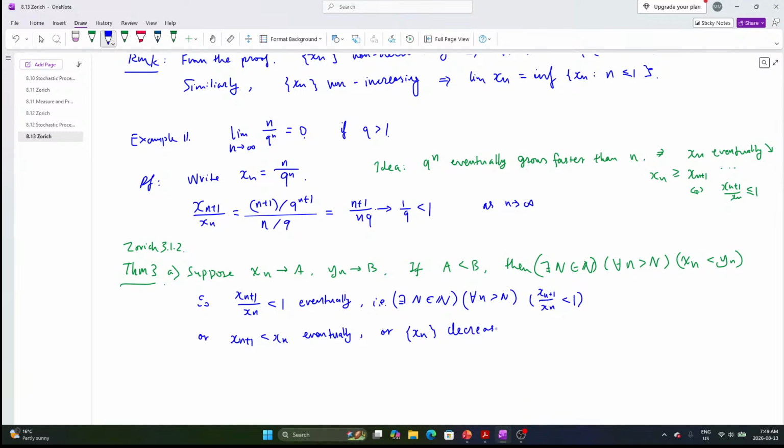Because all that matters is the ultimate behavior; only the eventual behavior matters when it comes to limits. Then you can apply the monotone sequence theorem, but actually you also need boundedness. We just need it to be bounded below.